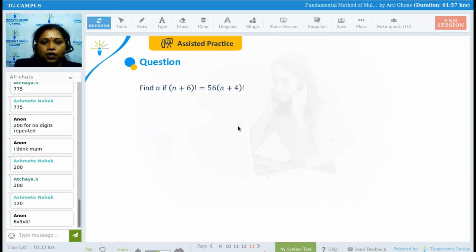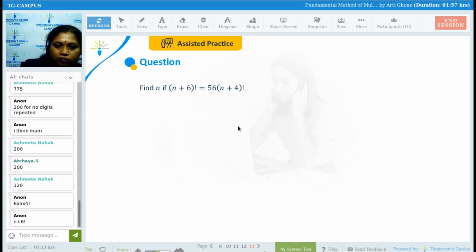Okay. So find n if (n plus 6) factorial over (n plus 4) factorial. You'll do this, everybody. Now first tell me which one is bigger and which one is smaller. If you are able to judge that, that is the only thing possible over here.